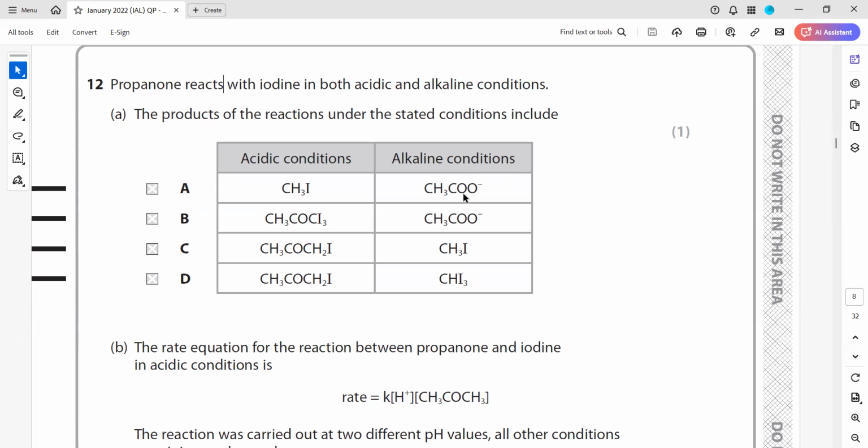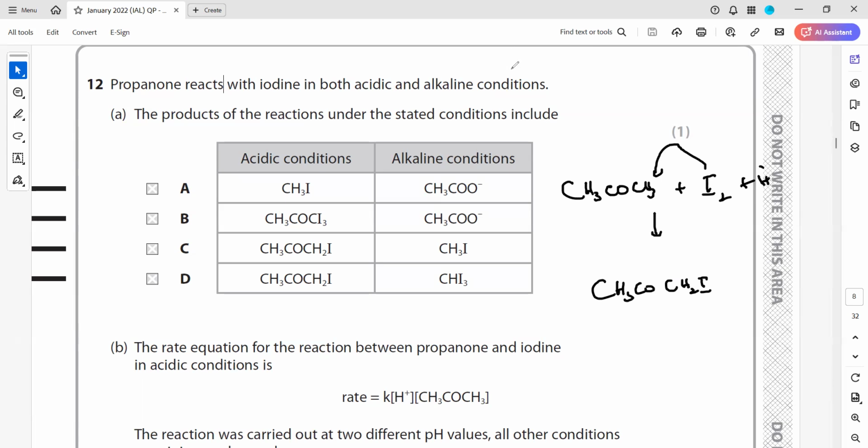If you see, in acidic condition, this is propanol. It reacts in acidic condition with iodine and H plus ion. So one of the iodine takes the position of hydrogen in acidic condition. So it will form iodopropanol. This is the product in acidic condition.